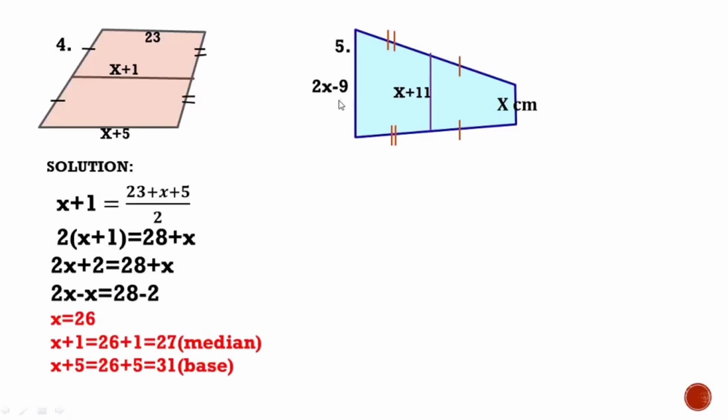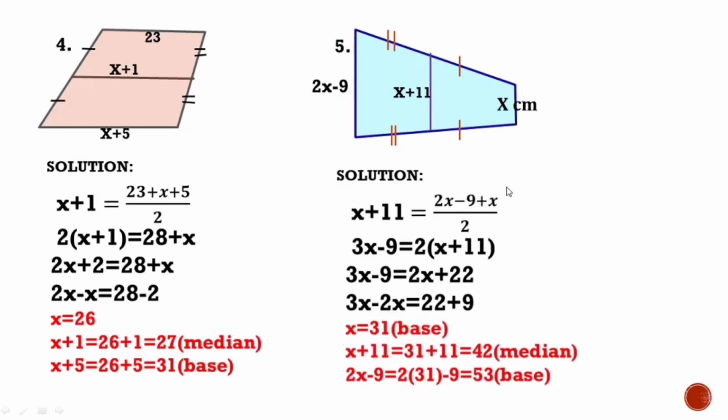Number 5, 2x minus 9 and x are the lengths of the bases, while x plus 11 is the length of the median. So for our solution, we have x plus 11 equals 2x minus 9 plus x all over 2. Simplifying 2x minus 9 plus x, we have 3x minus 9. If we're going to get their cross products, we'll have 3x minus 9 equals 2 times x plus 11.